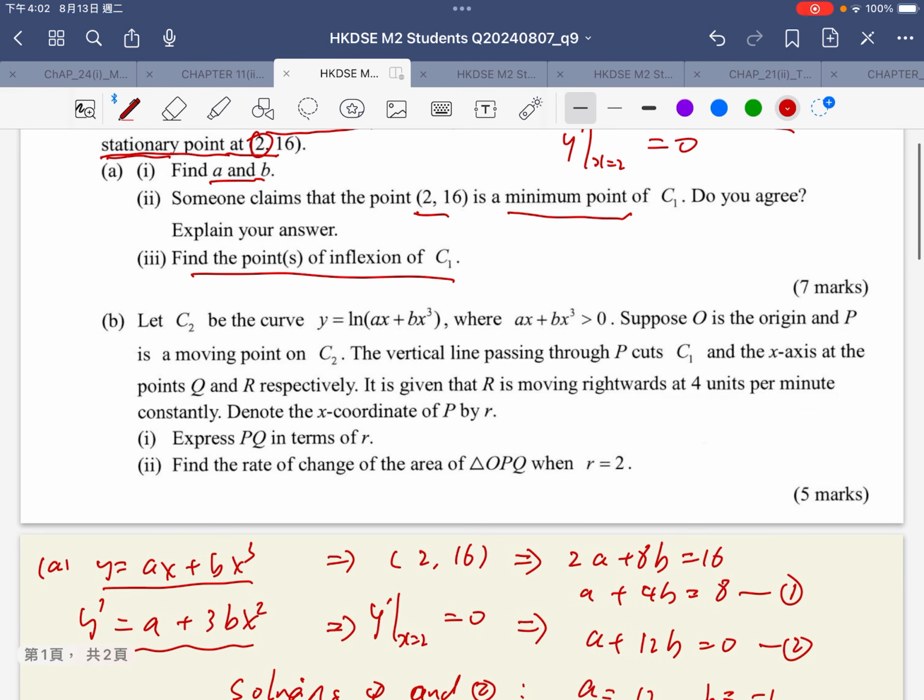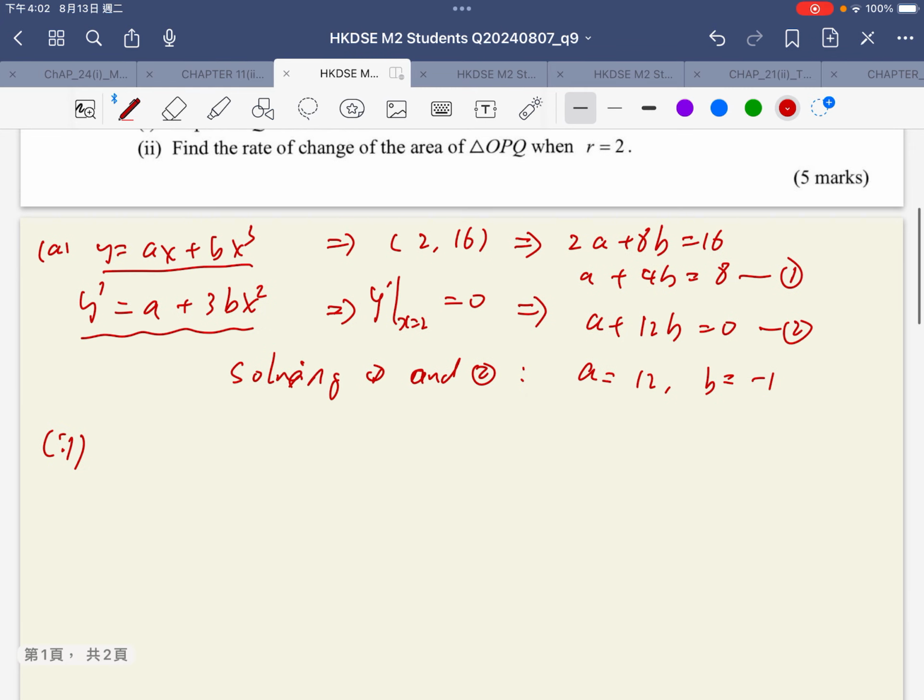And the second part is whether this point is a minimum or not. Here I just write a table to show whether this is a minimum or maximum.